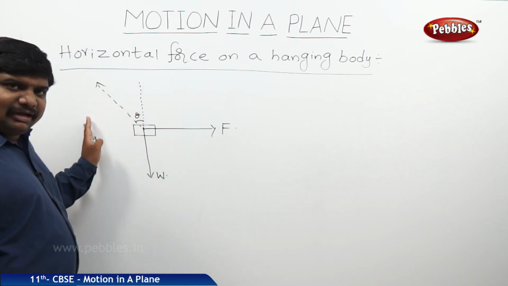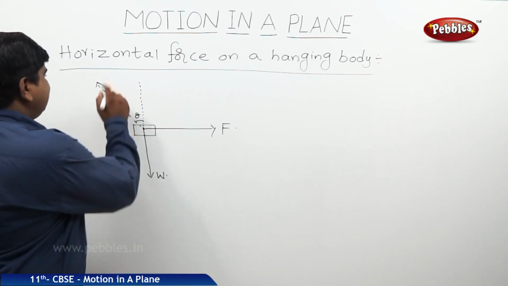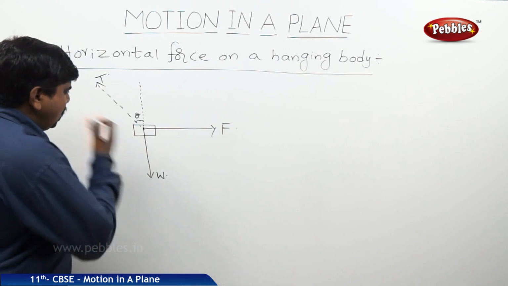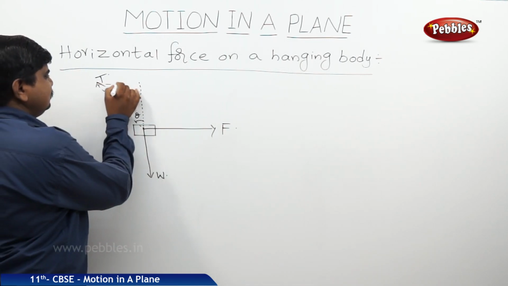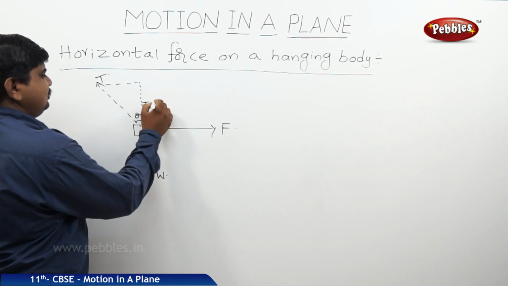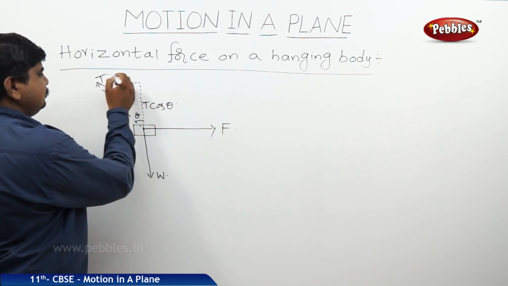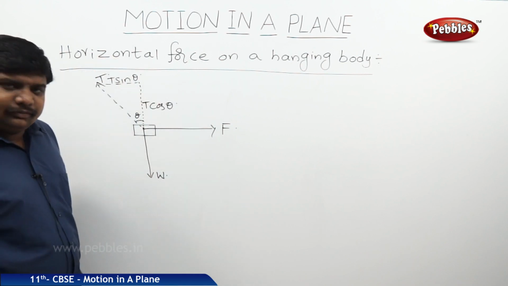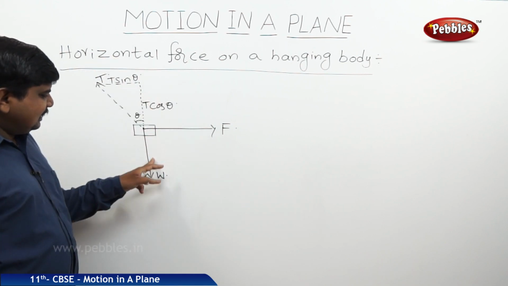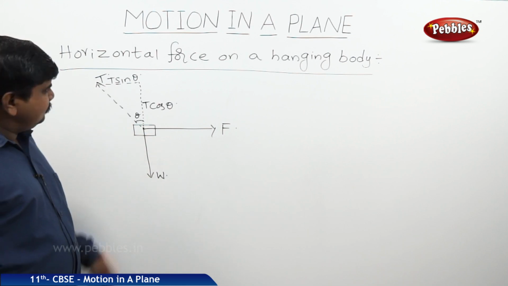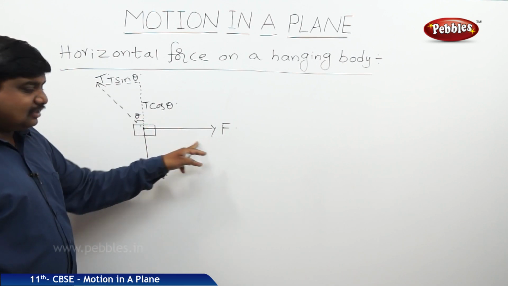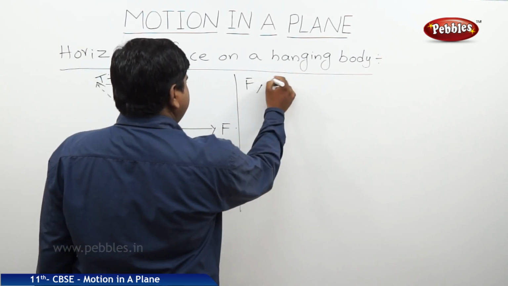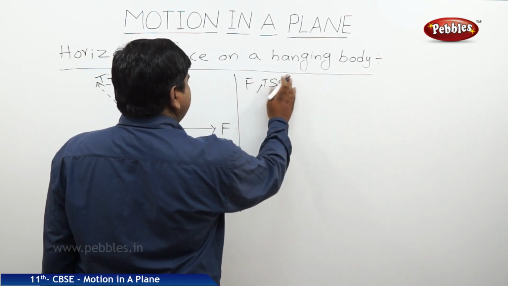Once it is dragged by applying the force on another side, it creates the tension. So, if this is theta, this is T cos theta, this is T sin theta. T cos theta is in the direction of W. T sin theta is in the direction of F. So, F and T sin theta are similar.